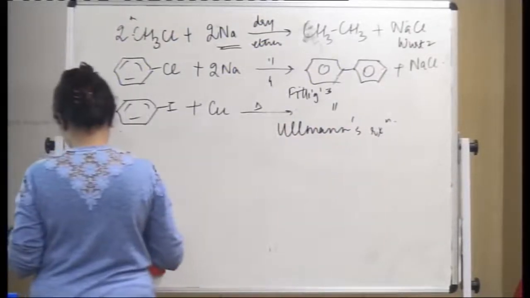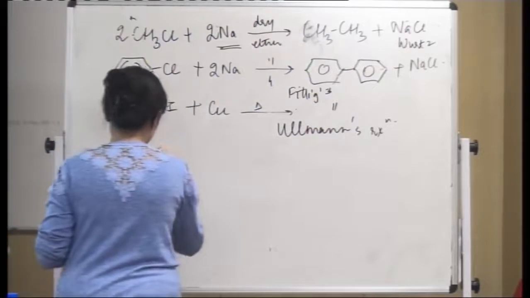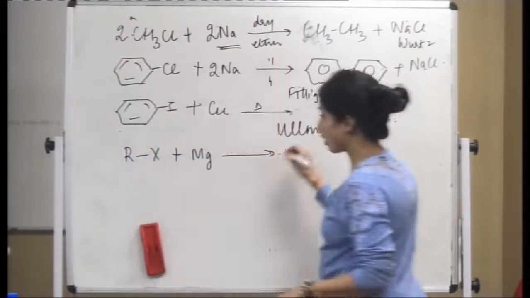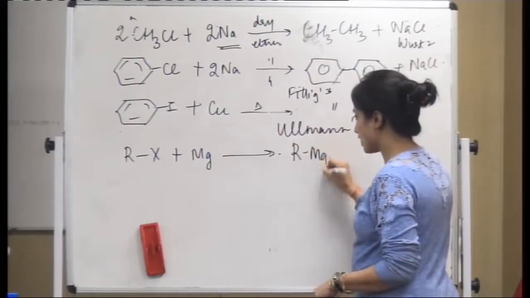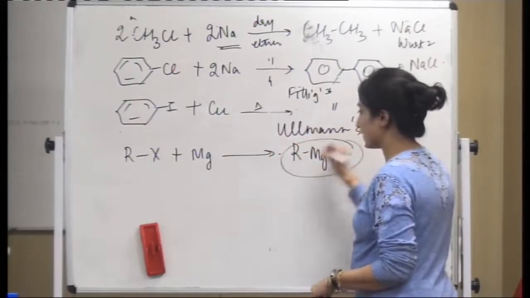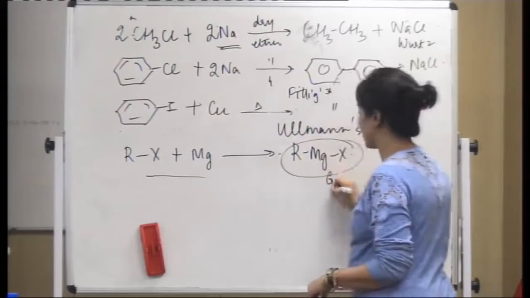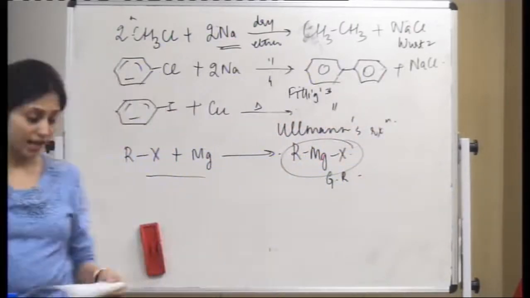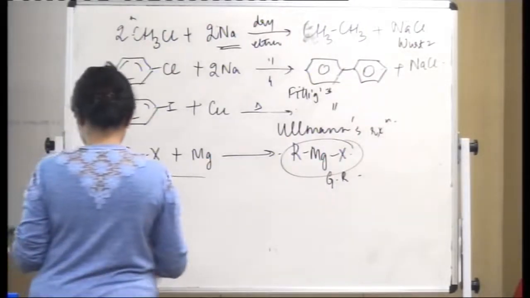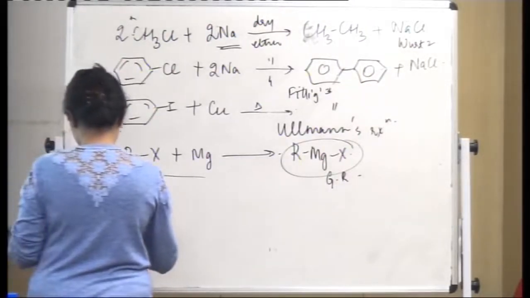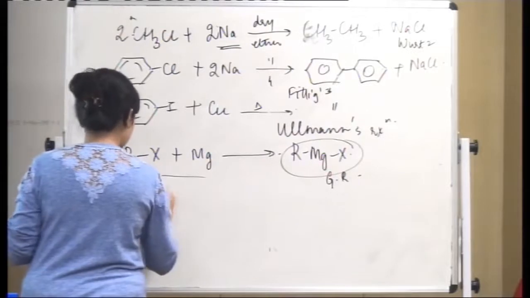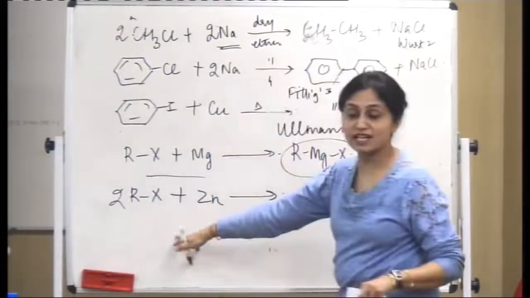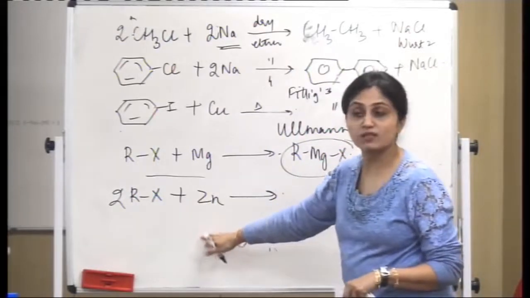And you can talk about RX plus Mg in the presence of ether again. What will it form? RMgX. This is a very, very important reaction because this is your Grignard reagent, which is very important for conversions, as you will take up some time from now. When you have RX plus Zn, what do we get?